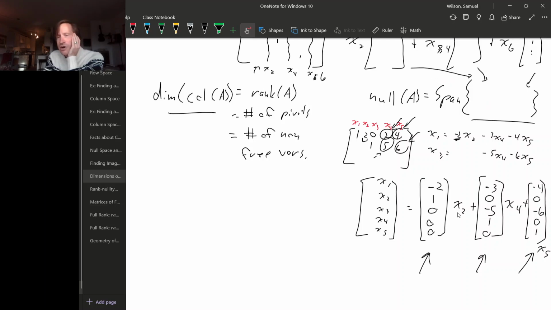But now we need to know, are these a basis? Are they linearly independent? Well, look at the rows that correspond to the free variables. x2 was free, x4 was free, and x5 was free. So looking just at these, is it possible that these are linearly dependent? Well, no, because each has a 1 in a different entry and 0's in the other entries.